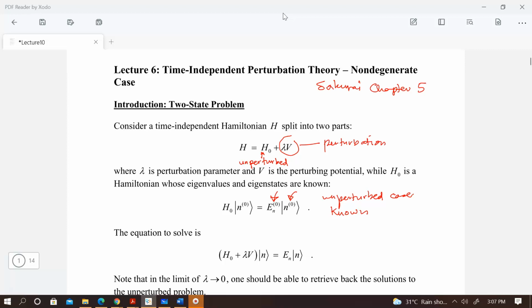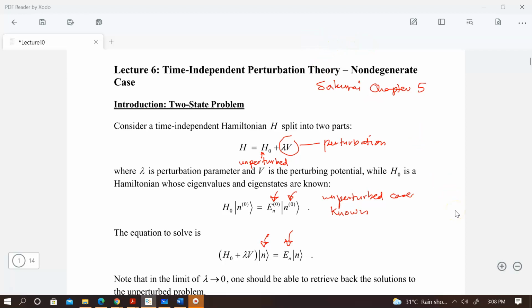Okay, so in other words, your lambda is going to be what we call a perturbation parameter, and V is your perturbing potential, and we need to find out under this new Hamiltonian what its eigenstates are. So your eigenstates now labeled as n, different from n naught. Okay, and what is your new eigenvalues En?